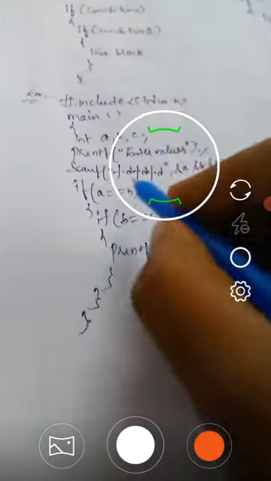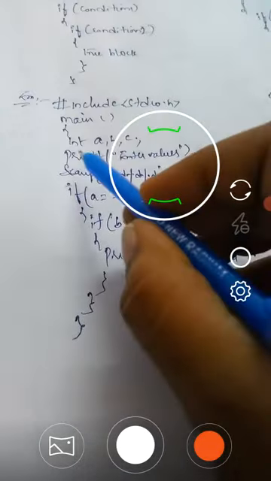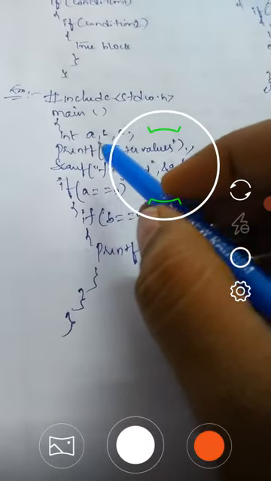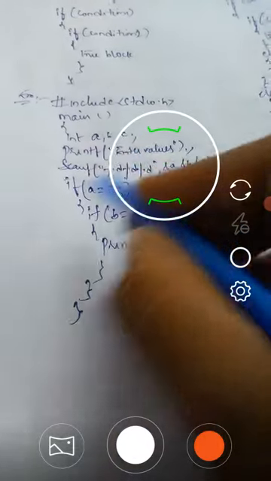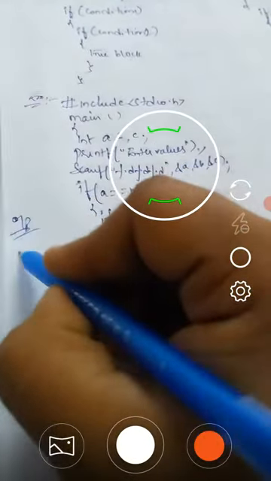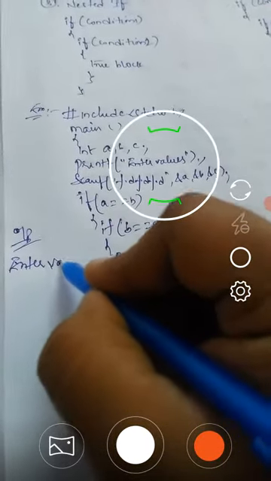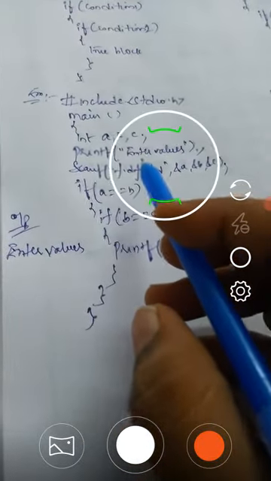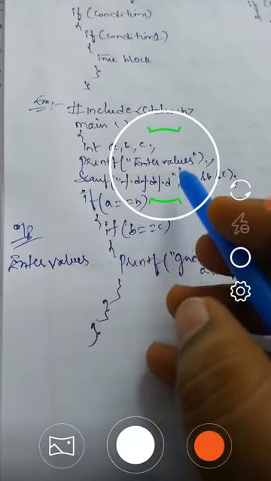Let us check how it works. Here a, b and c are variables of integer data type. Whenever this statement occurs, the variables a, b and c are created and 2 bytes of memory are allotted to each. Then we get the statement "enter values" on our monitor, because in the printf statement I gave the string "enter values".